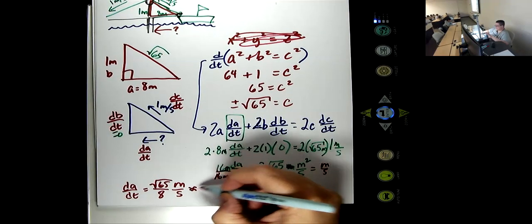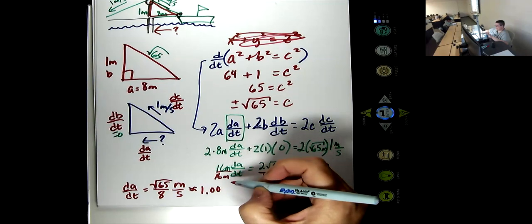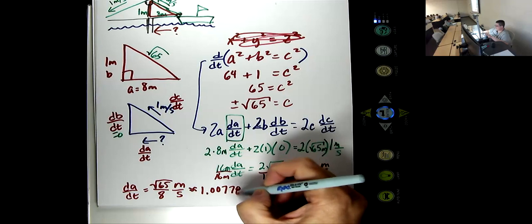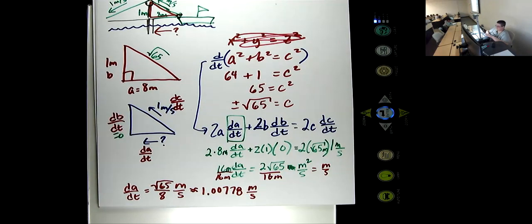This is approximately 1.00778 meters per second. Any questions?